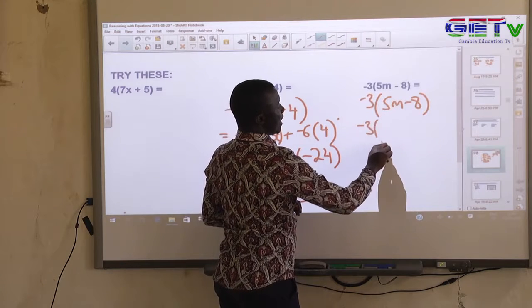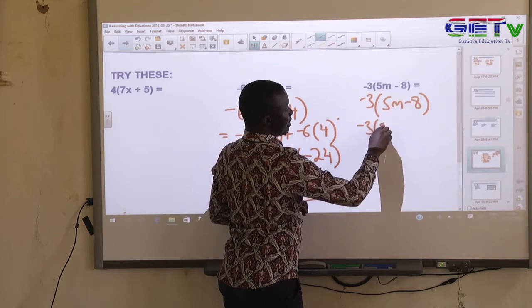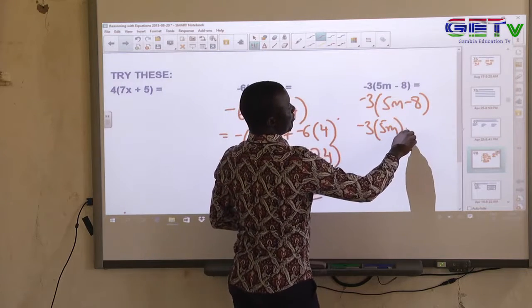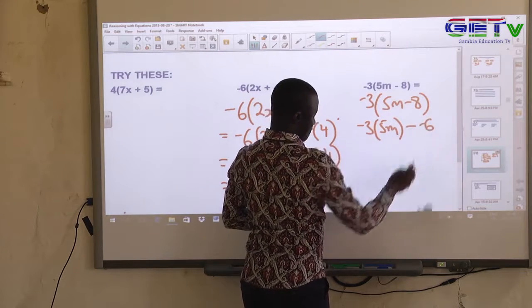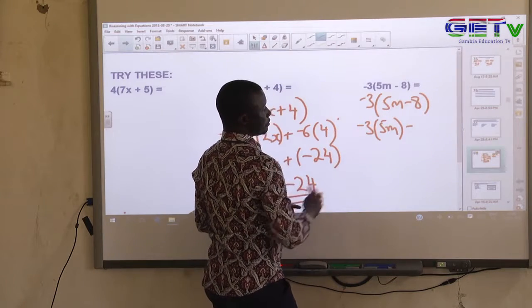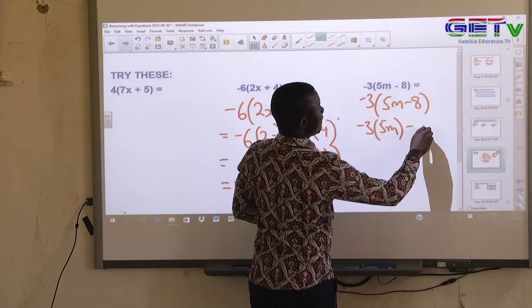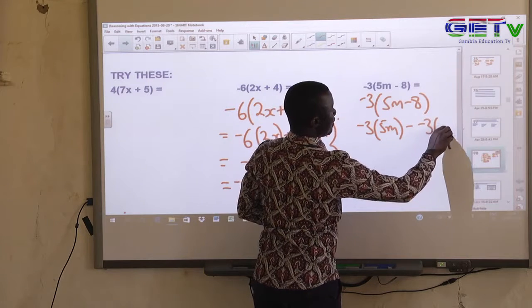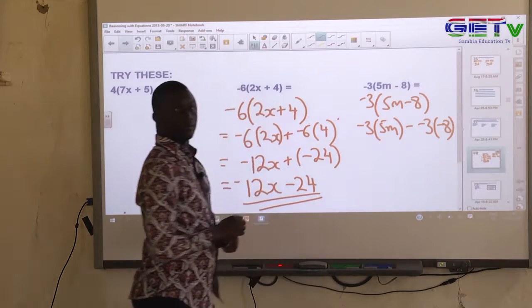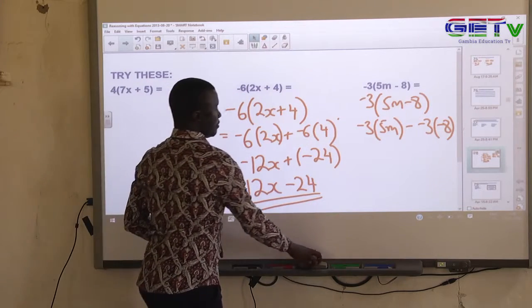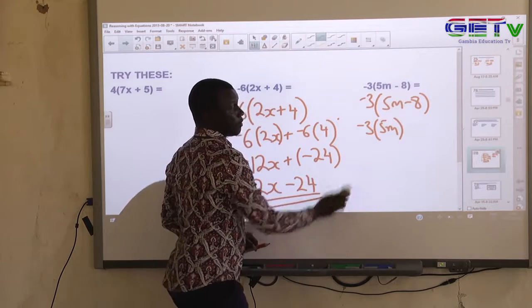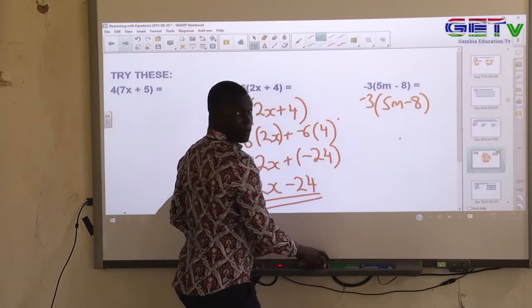Then we expand the bracket by saying negative 3 times 5m minus negative 3 times negative 8.